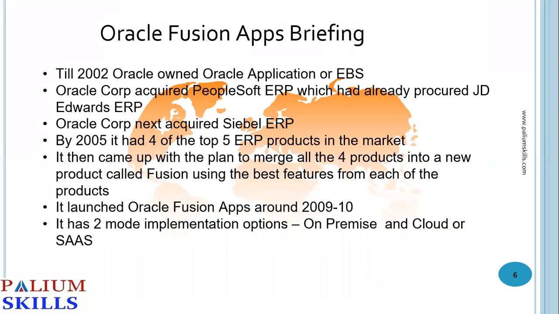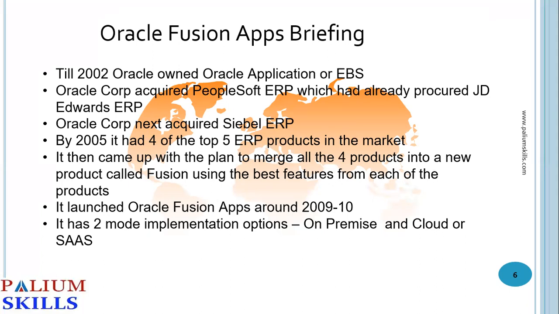So a little bit of background in terms of how we arrived at Oracle Fusion. Till around 2002, Oracle owned Oracle application, or e-business suite as it was called in 2001. Subsequently, Oracle Corporation acquired PeopleSoft. PeopleSoft was a rival product of Oracle application, and it was a very popular HR software.